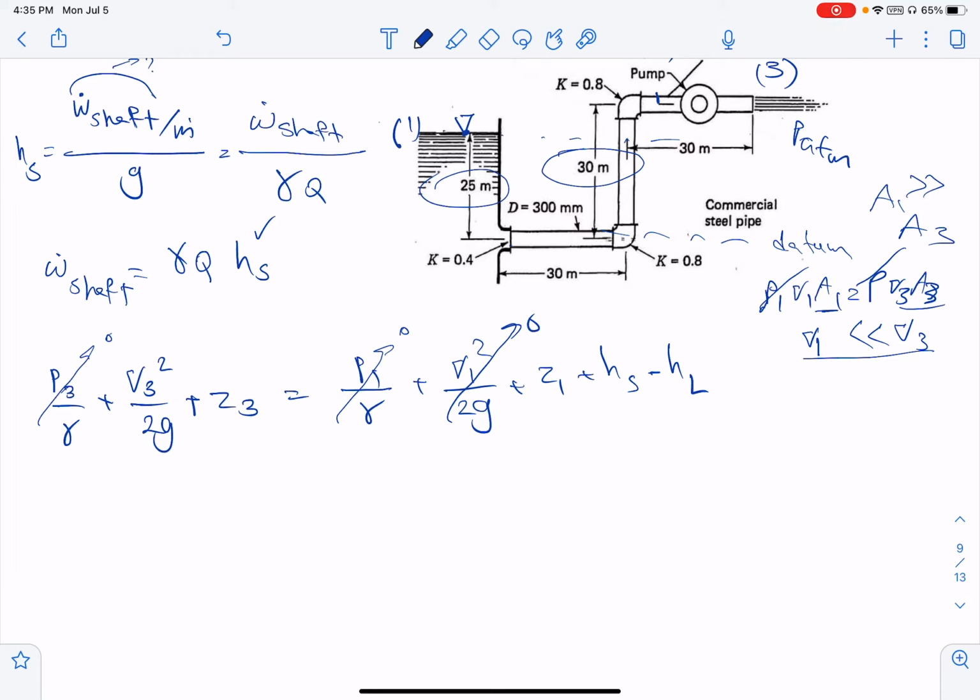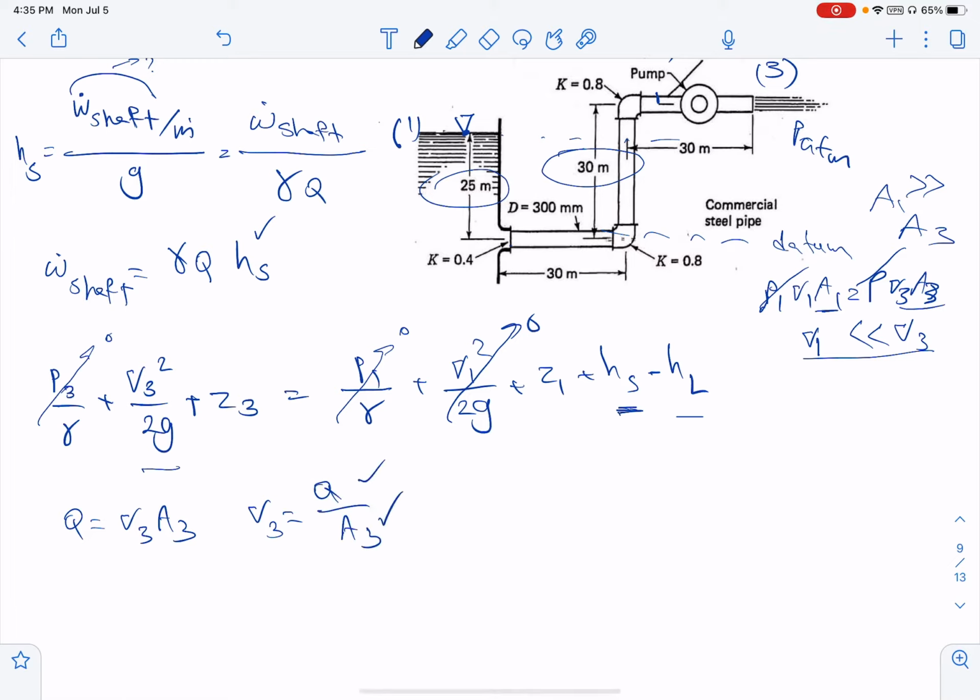Now we need to know HS, we need to know HL, and we need to know V3. So let's start with V3. We know that Q is V3A3, so if we solve it for V3, we have Q over A3.